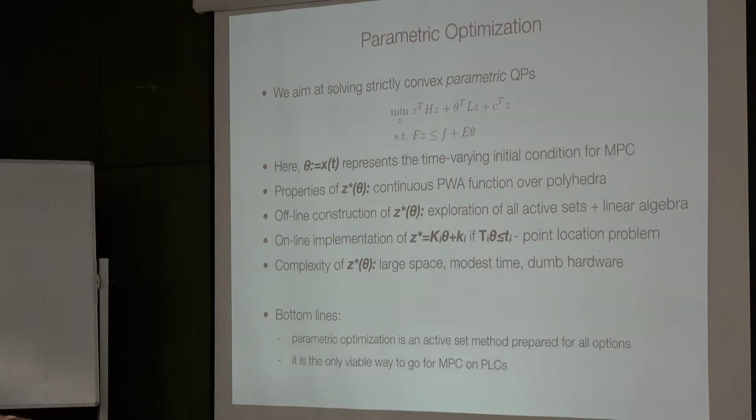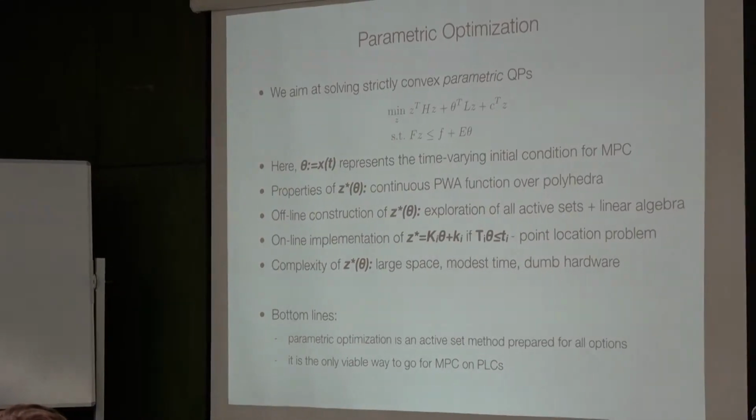That's the first takeaway. And the second takeaway is what I was describing. Sometimes our hardware simply does not allow anything beyond additions, multiplications, and comparisons. If you do see benefits of running model predictive control on that type of platform, and you cannot change the platform, then this is again the viable option to go.